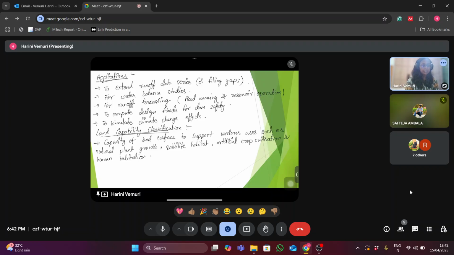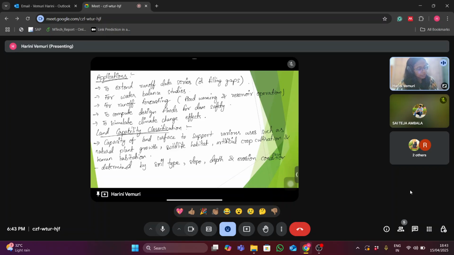So based on that, we have multiple classes based on capability. Okay, it is determined by slope, soil type, depth, and erosion conditions.